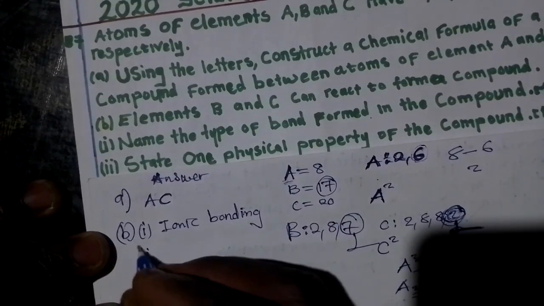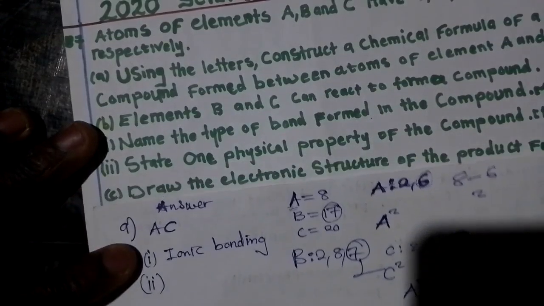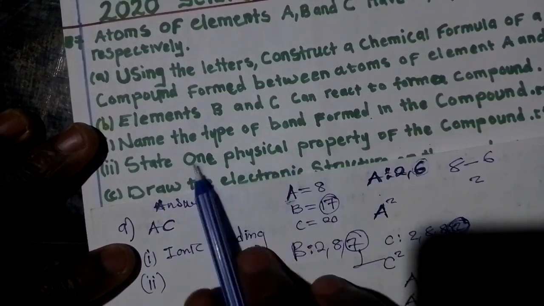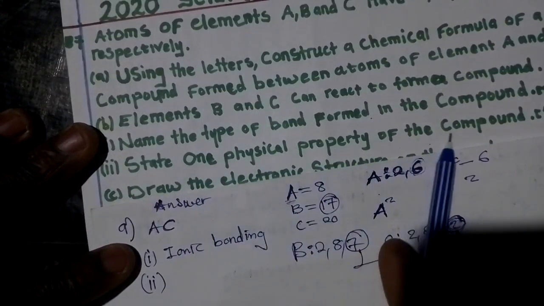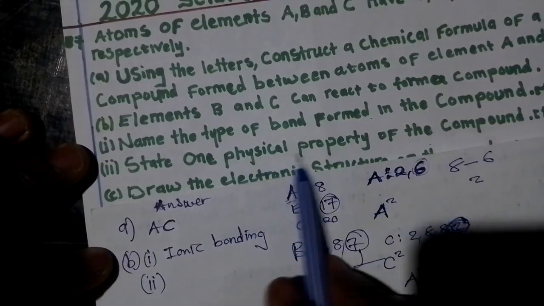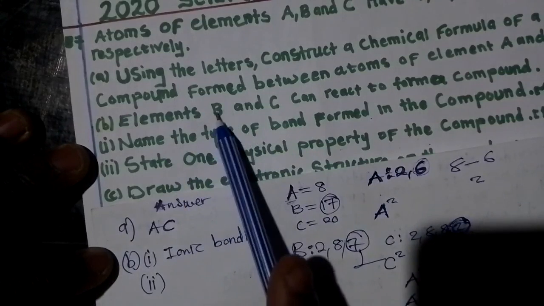Then as for Roman numeral 2, it is saying, state one physical property of the compound. So in this part here, they mean the same compound, which is BC.